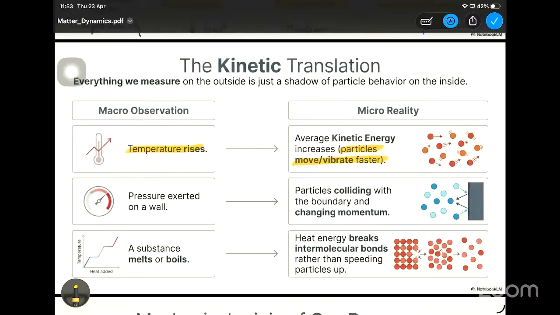And it's the pressure exerted on the wall. The particles are colliding, right? These are the terms that you need to use when you are writing an answer. Particles are colliding with the boundary, and there is a change in their momentum.